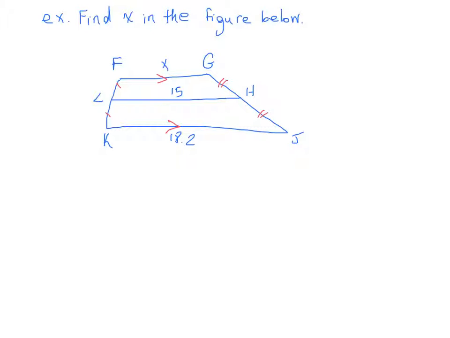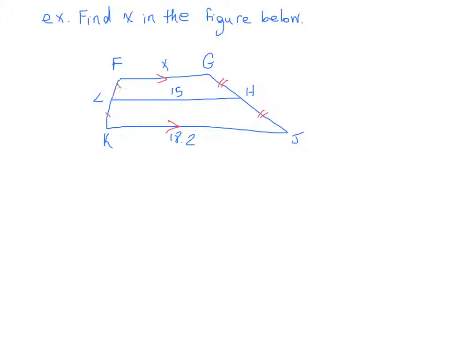Okay, so before we even get started here, we need to make sure it's a trapezoid. And it is in fact a trapezoid because this line is parallel to this line, and these two lines are clearly not parallel to each other. All right, since we know it's a trapezoid, that's a great first step. Next step is to make sure that we're dealing with a mid-segment here.